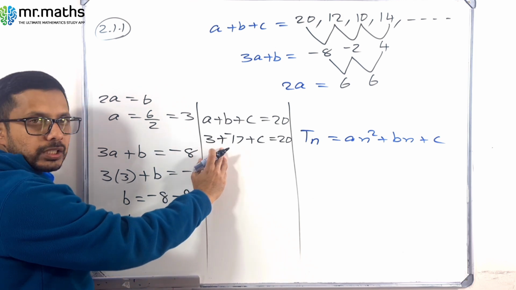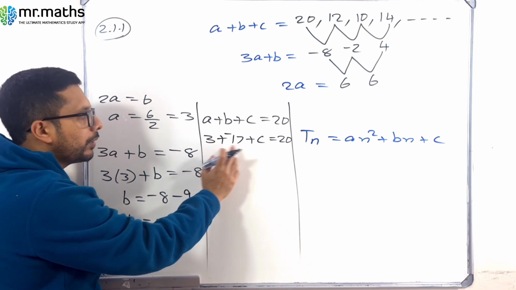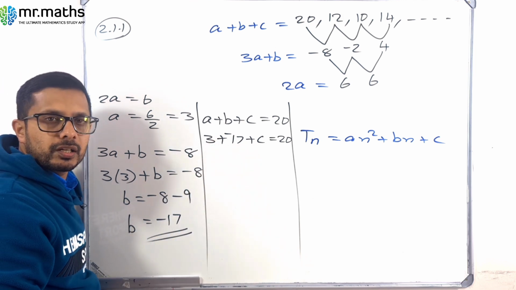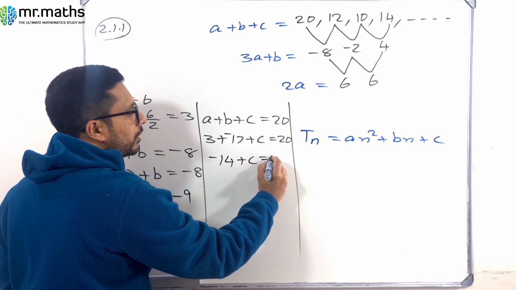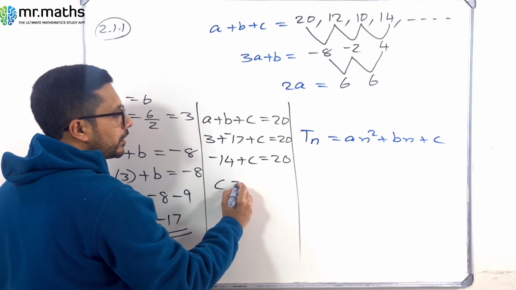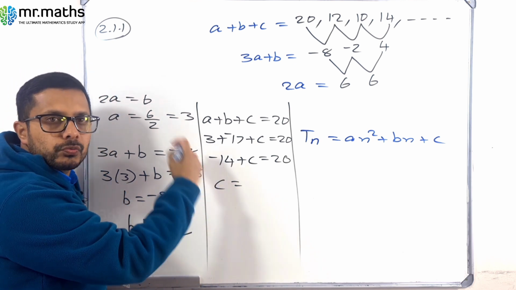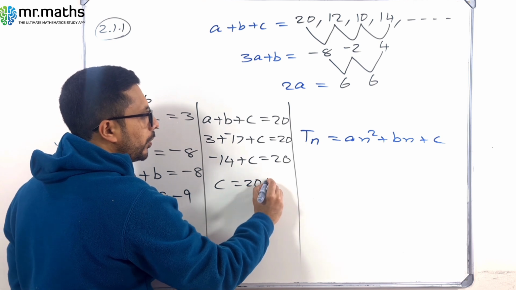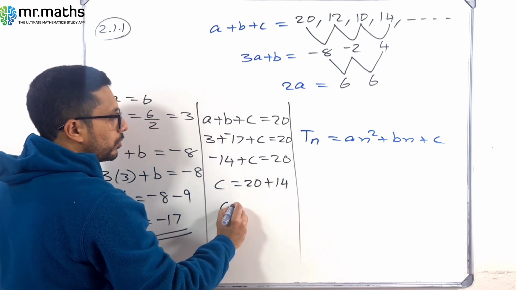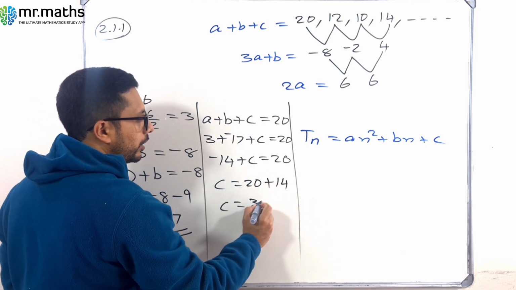So plus times minus is minus. So 3 minus 17. What is 3 minus 17? Minus 14 plus c is equal to 20. So what is c? We have to take this minus 14 to the other side, so it is positive 14. So it is 20 plus 14. So c is equal to 20 plus 14, which is 34.